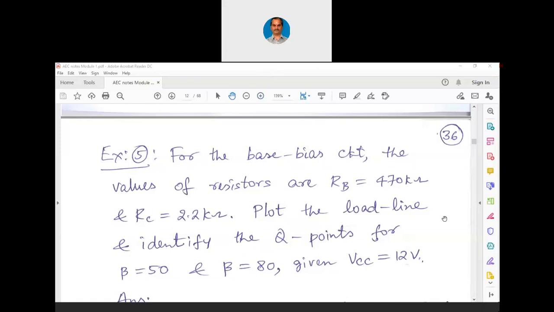You can easily find out IB. IB is 12 minus 0.7 divided by 470 kilo ohms, VCC minus VBE divided by RB. Now when you find IB, IB into beta is IC. You can find out that way.